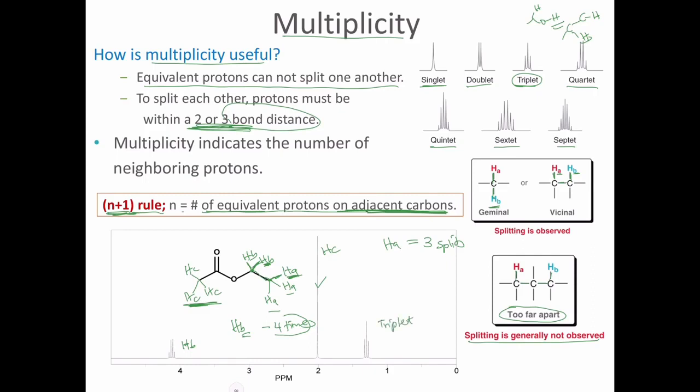Here we have a quartet, and in this case we have a singlet, okay? So that is how we play around with multiplicity. So multiplicity actually tells us the number of adjacent protons. Isn't that cool?